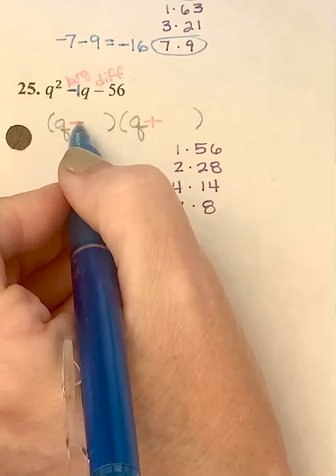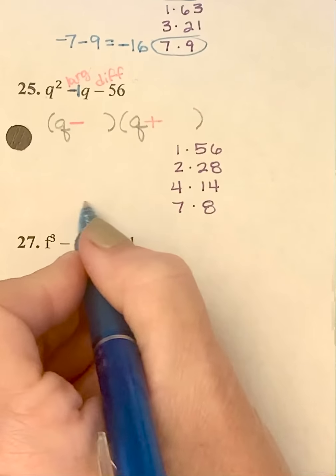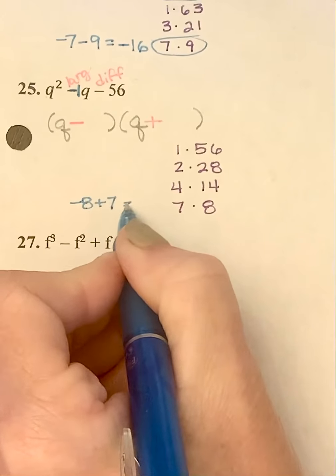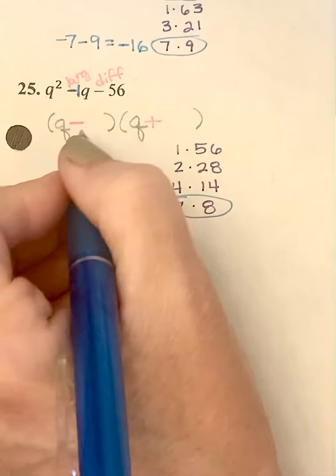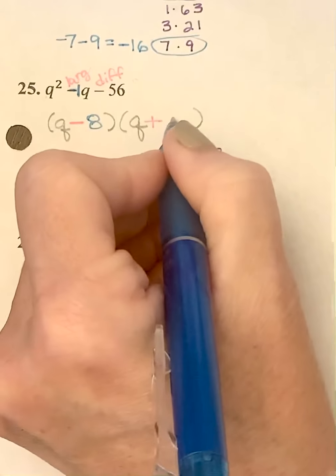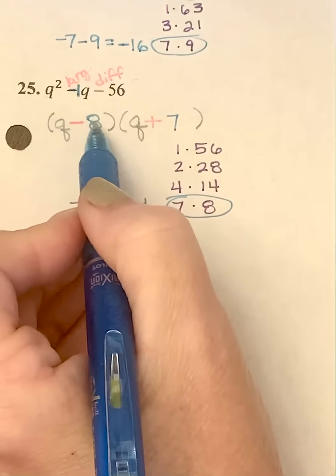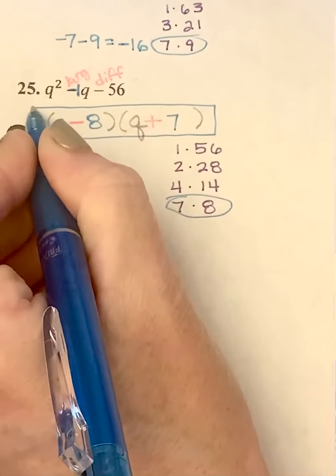And I know the larger number will be negative. So a -8 and a +7 equals a -1. So this is the factor pair I'm going to use, and it'll be a -8 and a +7 because the larger number has to be negative. All right, and then check using FOIL.